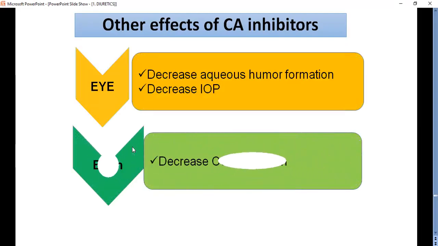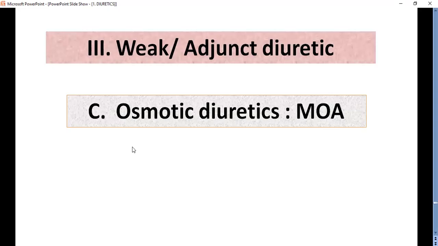Thus, it results in metabolic acidosis. Other uses of carbonic anhydrase inhibitors: it is used for the treatment of glaucoma because it reduces the intraocular pressure. It also reduces brain edema by decreasing the CSF formation.